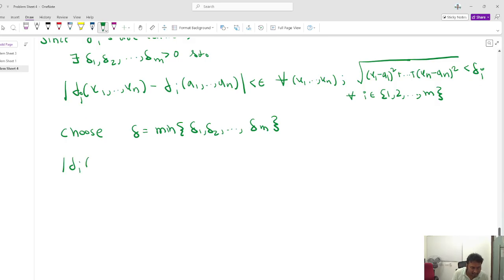So can I call this x and can I call this a? That would be easy to write.